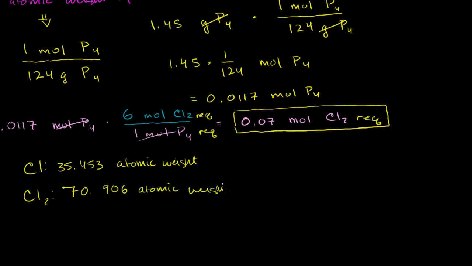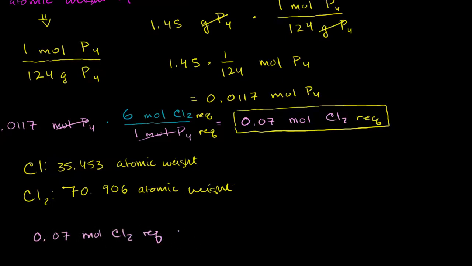Which tells us that, well, let me write this information that we had down before. We are required to have 0.07 moles of chlorine gas. That is what is required. And let's multiply it. We want moles in the denominator.